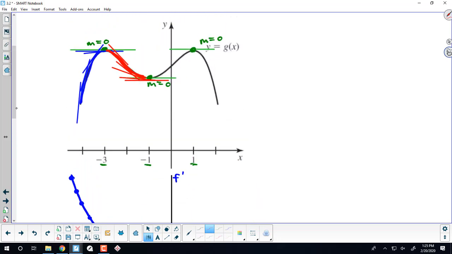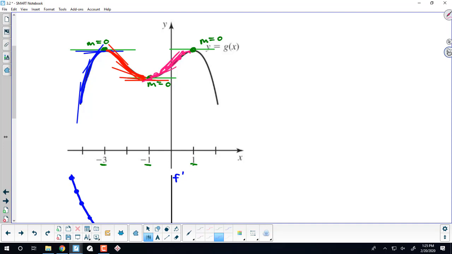And after -1, we have this piece right here. What are the slopes doing on this piece? They're positive, but they're getting more positive and sort of flattening out. Like this point right here, positive slope. This point right here, a little bit more positive.